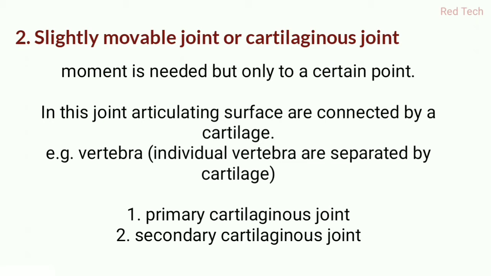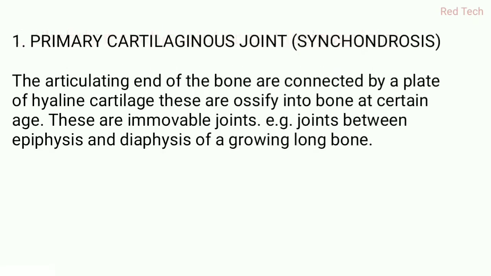In this joint, the articulating surfaces are connected by cartilage, that is why it is also known as a cartilaginous joint. For example, the vertebrae, individual vertebrae separated by cartilage, all connected by cartilage, so these are cartilaginous joints.